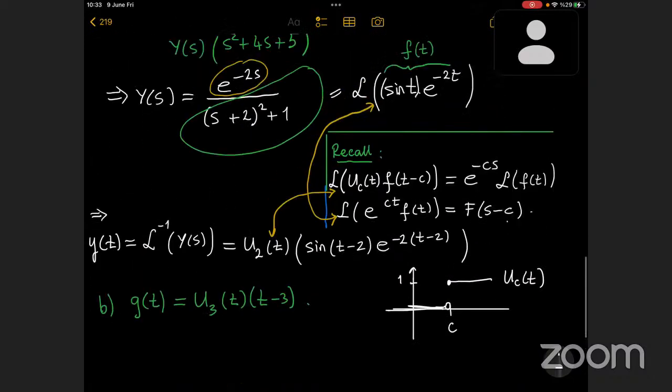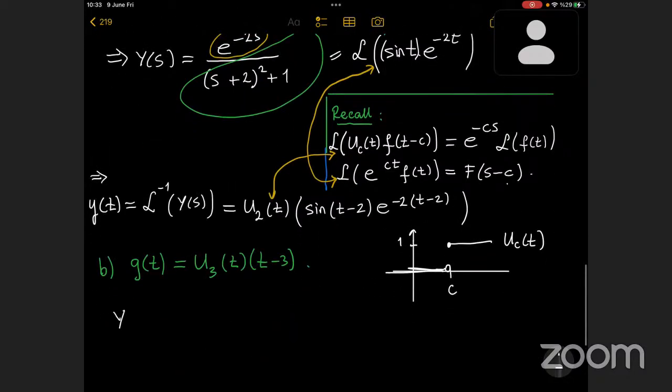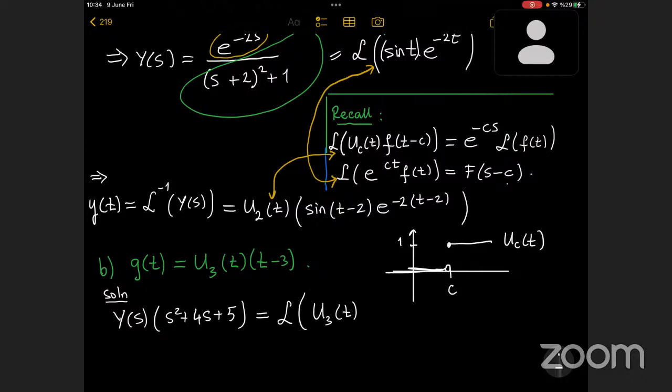So we will have basically Y(s) times (s square plus 4s plus 5), like in the previous one. On the right-hand side, we take the Laplace transform of u_3(t) times (t minus 3).